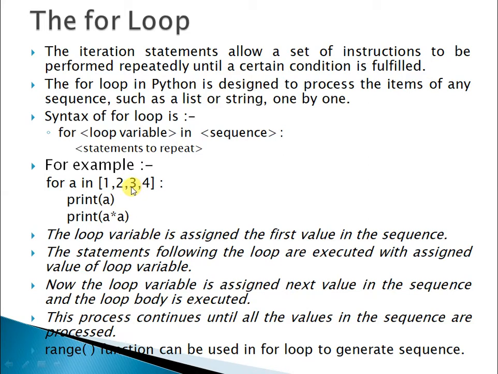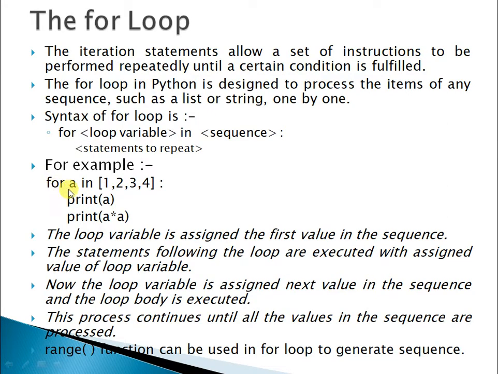The next value will be 3, then you will print 3 and 3 into 3, that is 9. Again this value of a will become 4, you will print 4 and 16. Now again you go up and you find that all the values of this sequence have been iterated. So your loop will end. Okay, so this is the example of a for loop.